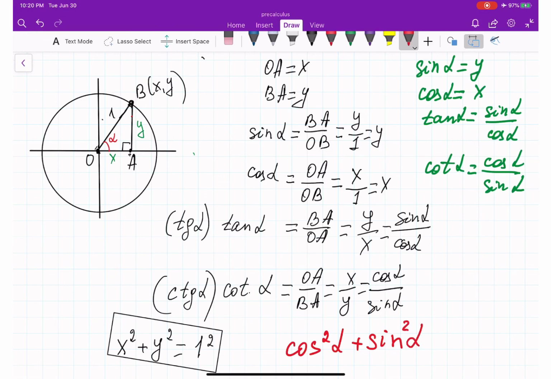All right, and 1 squared is 1, right? So this is a very important formula of trigonometric function identity.